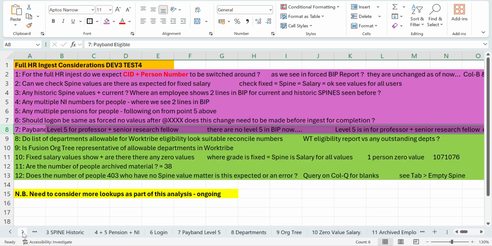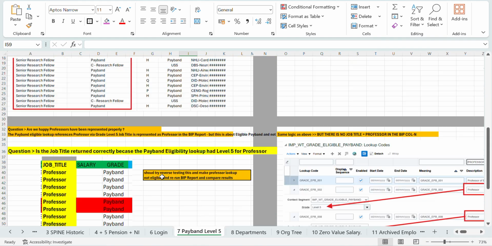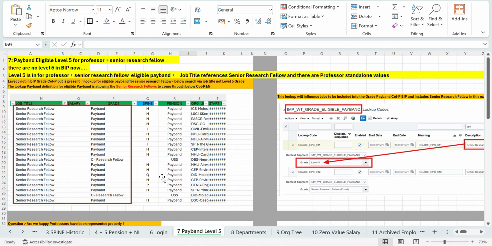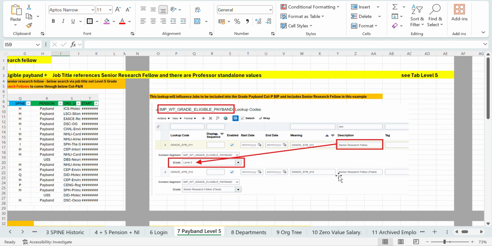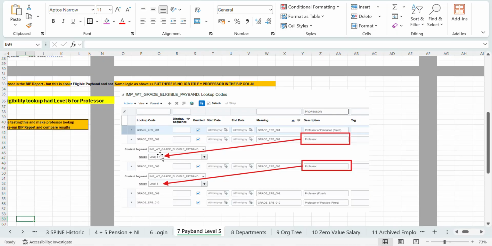And what has happened in level 5 for pay band now is we see the lookup, just as we said, for eligible pay band, and this is for senior research fellow, and it points to level 5, and that's what we've got in the lookup now. And we see the same for professor for the eligible pay band, and that also points to level 5, and there's 2 professors in here for level 5.